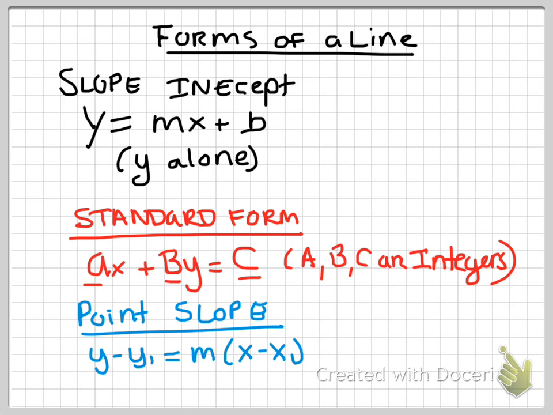We are days away from this, but we will be doing it. I'm not going to talk about point slope today, but slope-intercept and standard form you should have seen already.